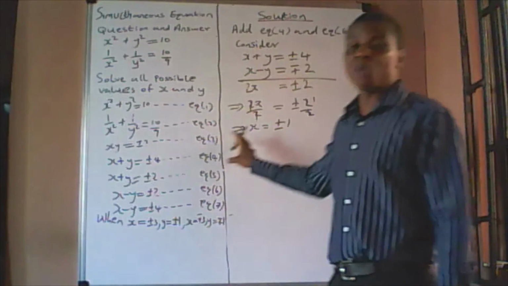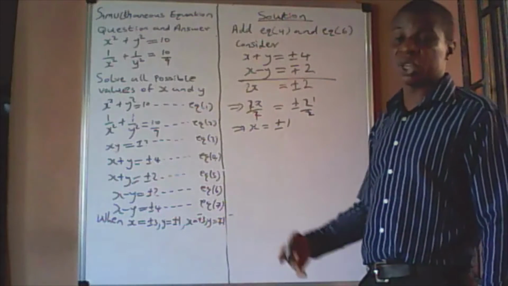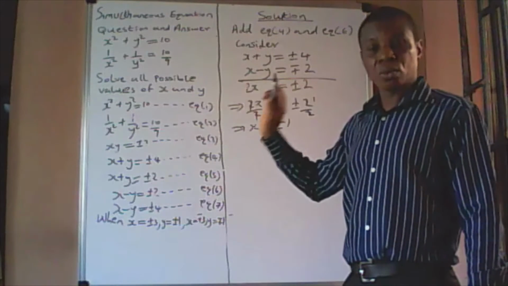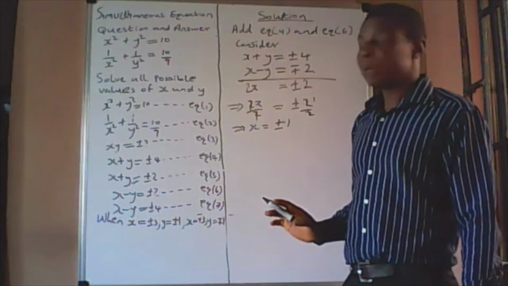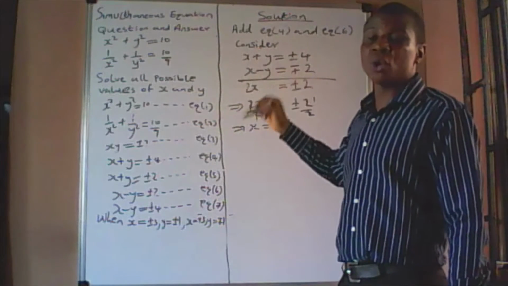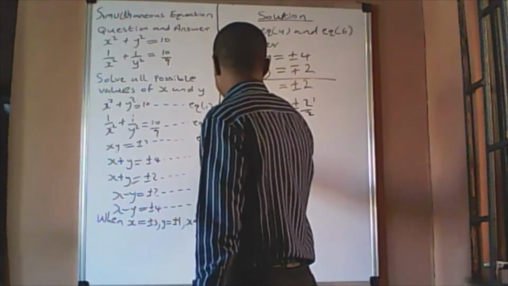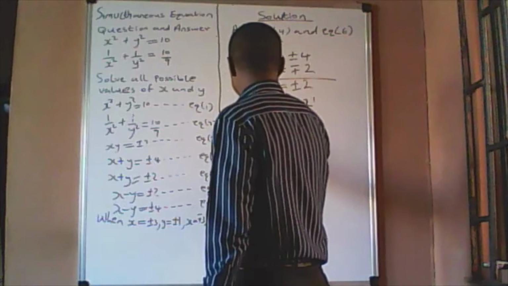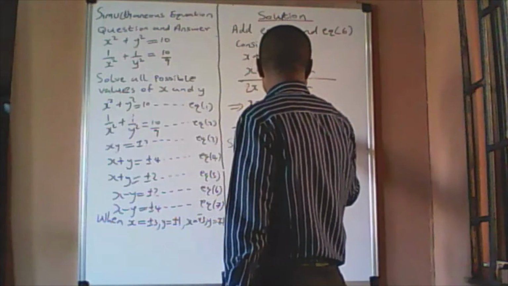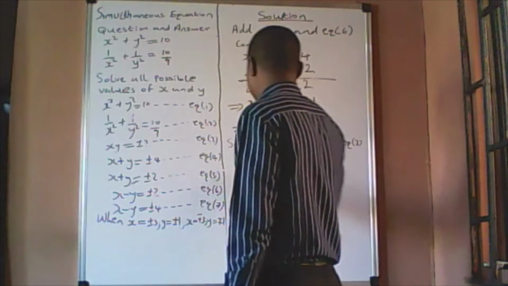I'm going to substitute the value of x equal to plus or minus 1 into equation 3, when x times y is equal to plus 3, because in that equation we consider x times y equal to plus 3. Substitute x equal to plus or minus 1 into equation 3.